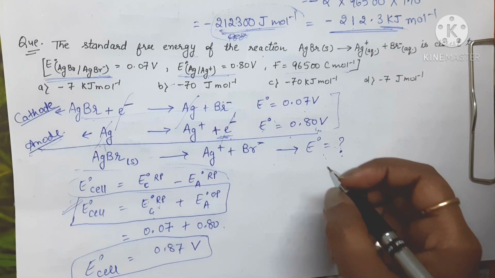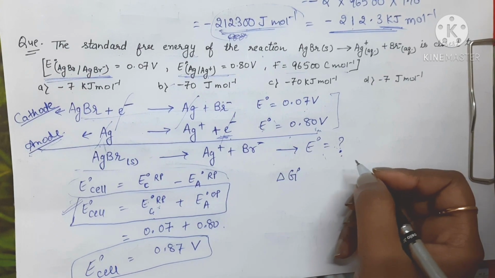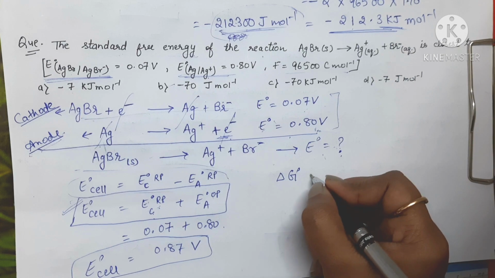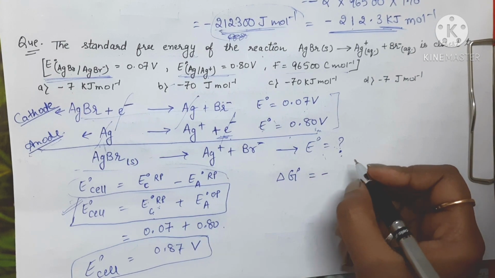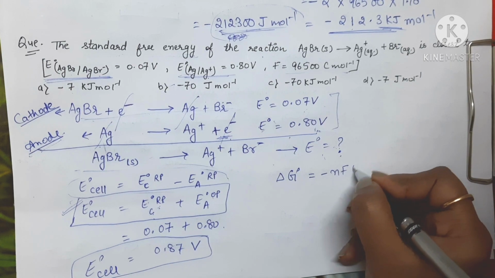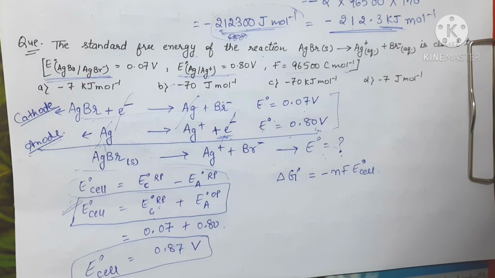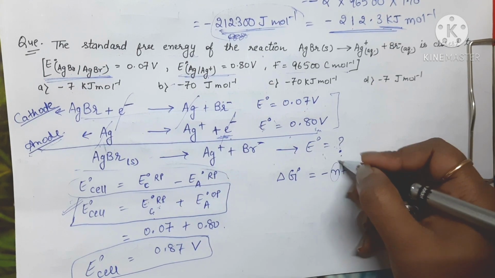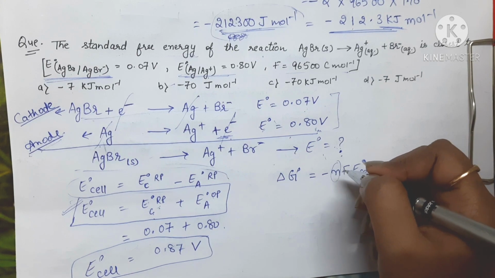Now next we have to find out the delta G naught value. What is the relation between delta G naught and E naught? Delta G naught equals minus NF E naught of cell. Now how to find N? For N you have to look for the number of electrons exchanged.